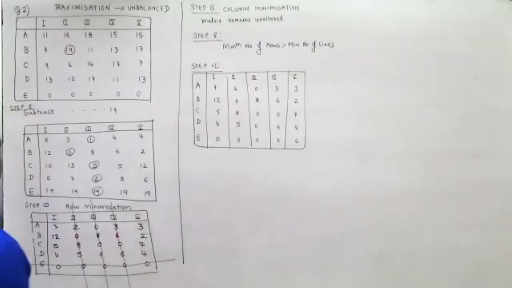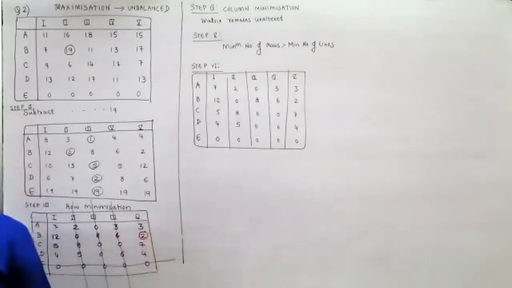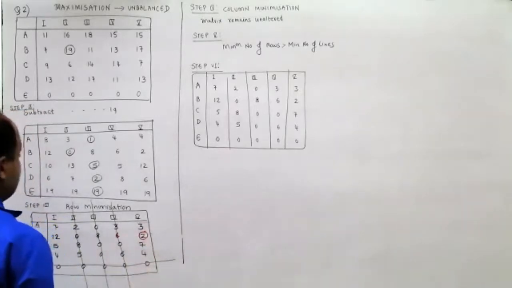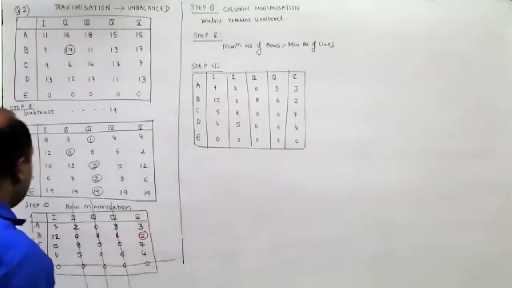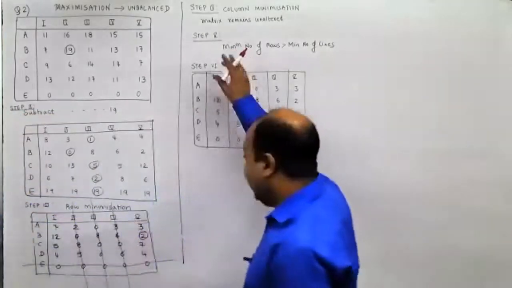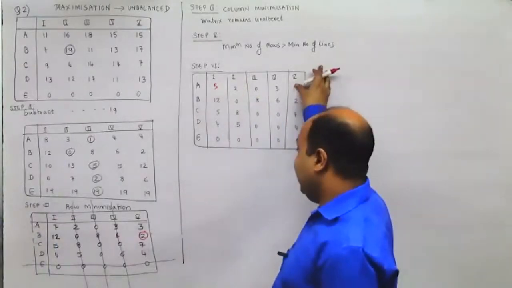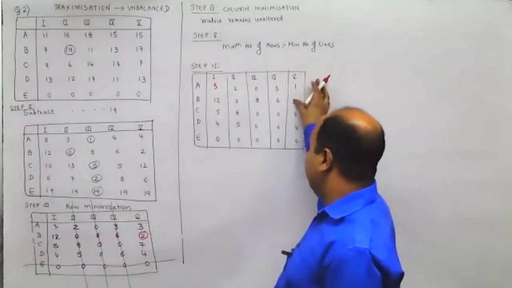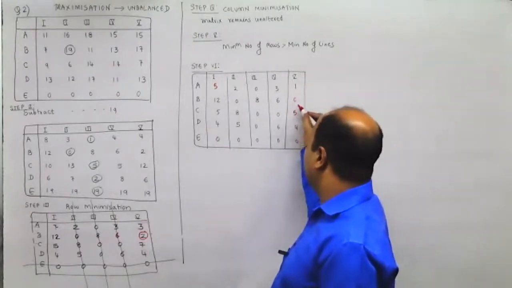So yeah, now out of these uncovered elements, we select the smallest element. Our aim is to add zeros. We select the smallest element and subtract it from all the uncovered elements. So this would become 7 minus 2, 5. This would become 3 minus 2, 1. This would be 0. 7 minus 2 would be 5 and 4 minus 2 would be 2.